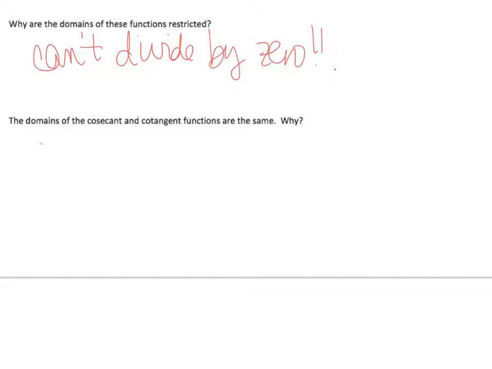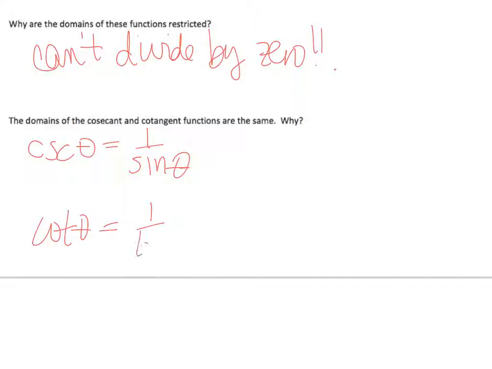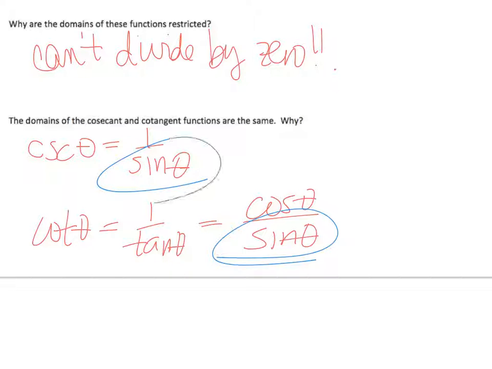Why? Well, cosecant theta is 1 over sine, and cotangent theta is 1 over tangent theta, which is cosine over sine. So right here, it's the same because if sine was 0, then it would be undefined, which is not allowed.